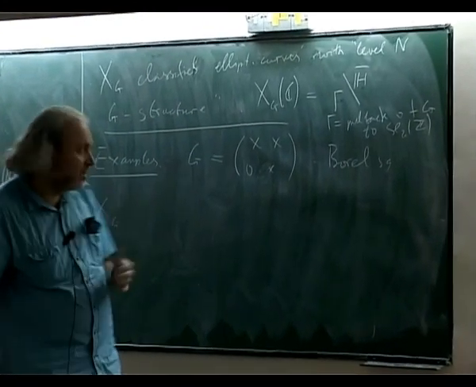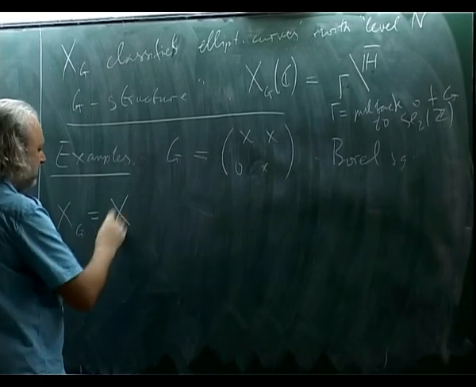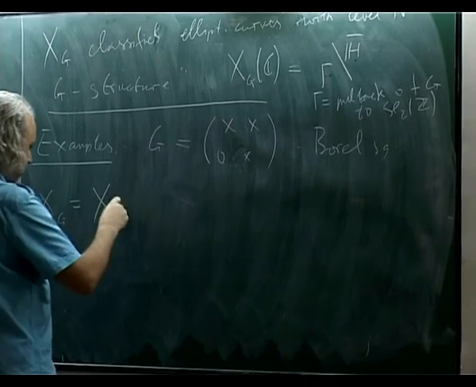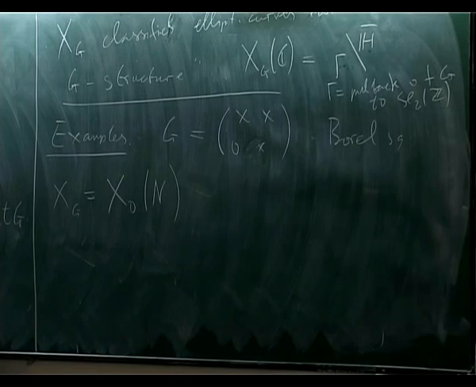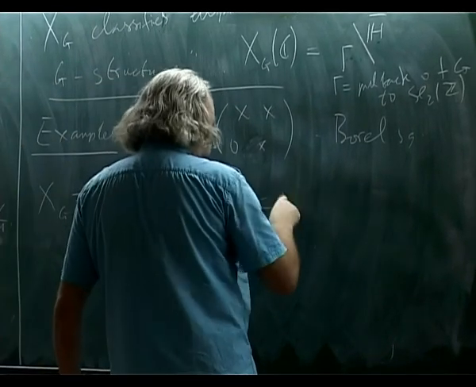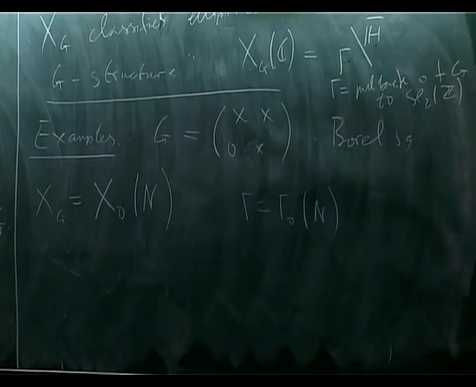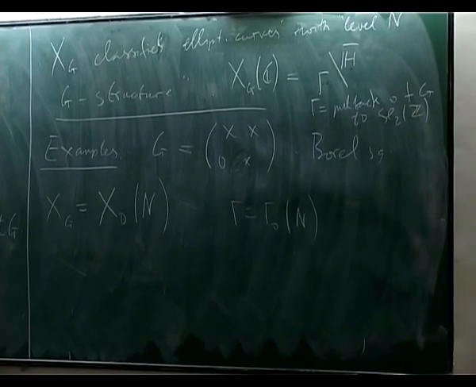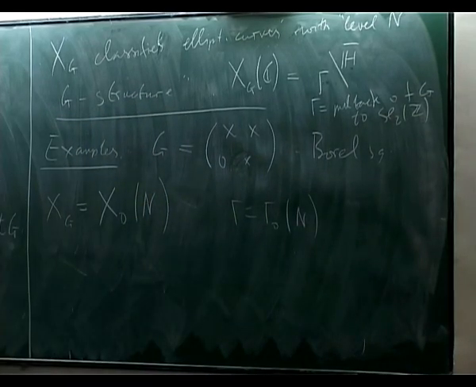Good. In this case, XG is the most famous modular curve, X0 of n. And gamma will be simply gamma 0 of n. So the matrices in SL2 of Z which are 0 mod n in the left lower entry.